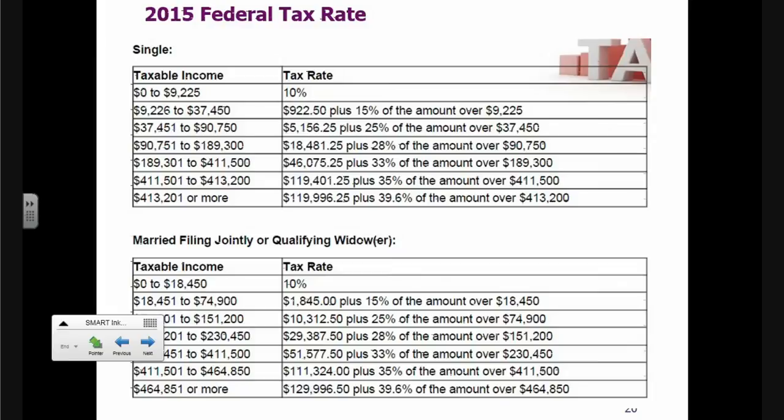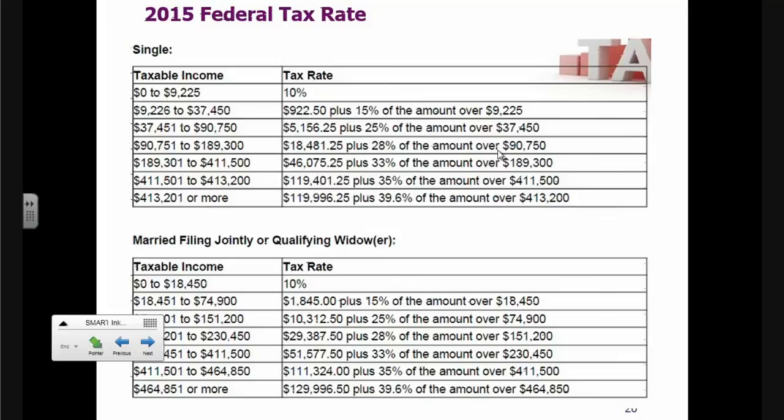So look, in the United States, this is the 2015 federal tax rate. If you're single and your income is over $188,000, and most people can easily make over $90,000. If your income is over $90,000, your marginal tax rate will be 28%.